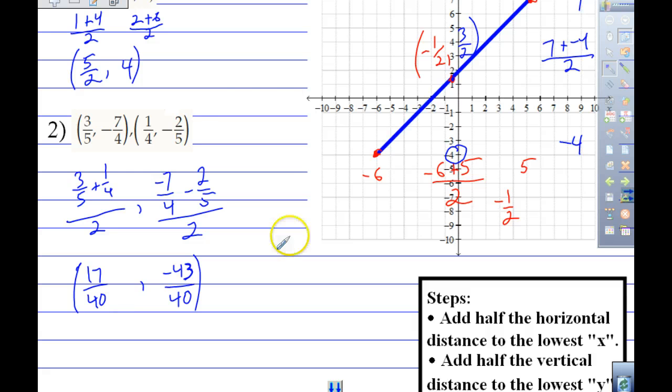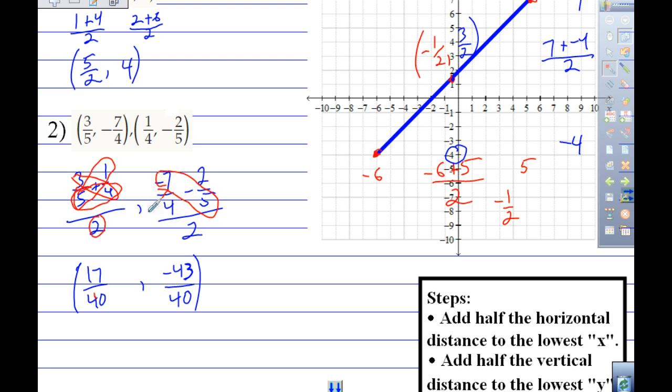So mentally, what am I doing? Okay. Adding the fractions. One way to add them is just do 12 plus 5, 17, all over 20. Then divide by 2, so 20 becomes 40. Because it's on the bottom. 17 over 40. Okay.